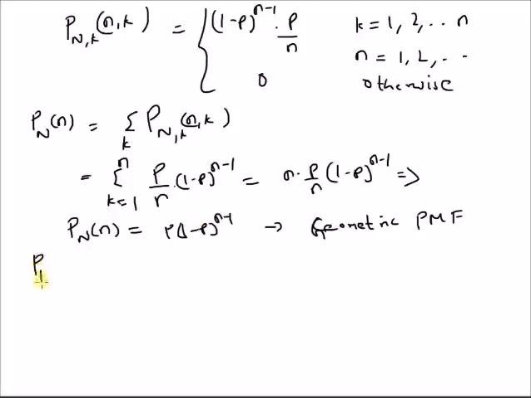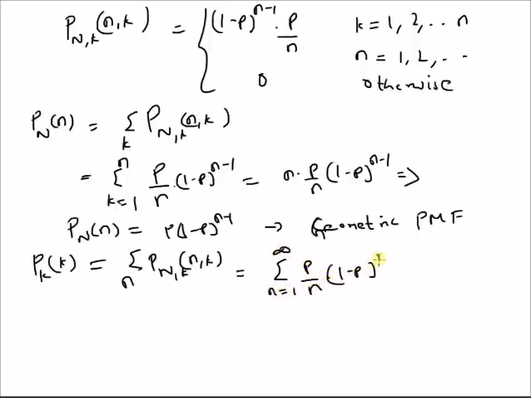Now we want to find the marginal probability mass function of the random variable k, which by definition is equal to summation over n of the joint probability mass function. Using the definition, we have summation n = 1 to infinity of p/n * (1-p)^(n-1).